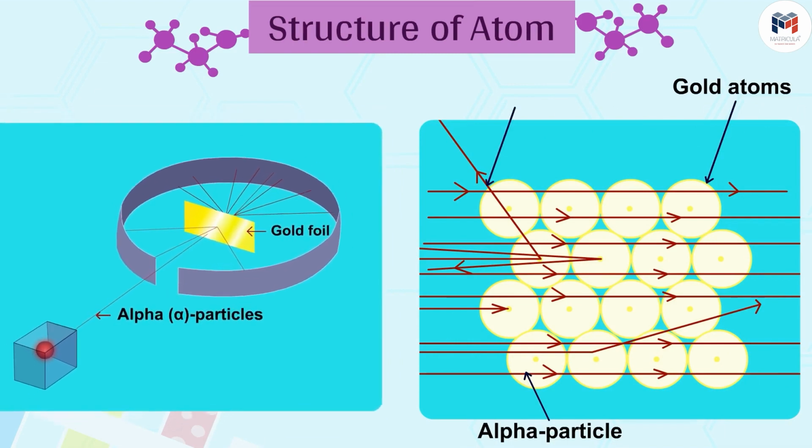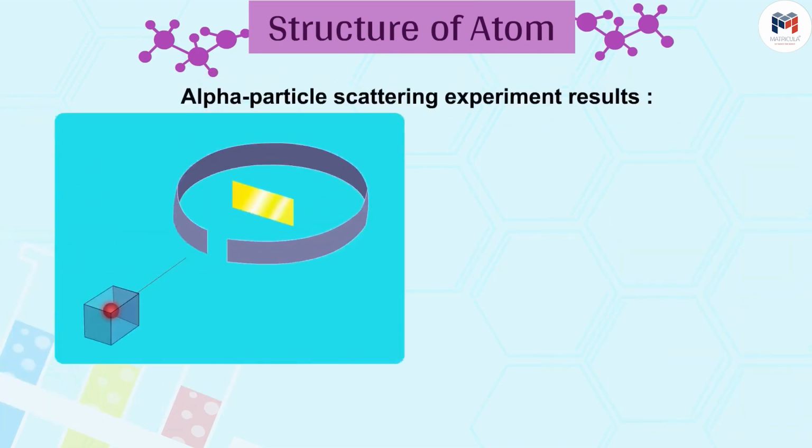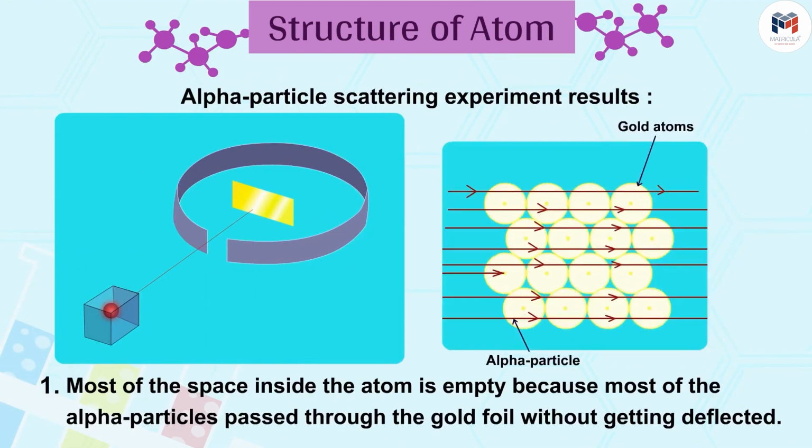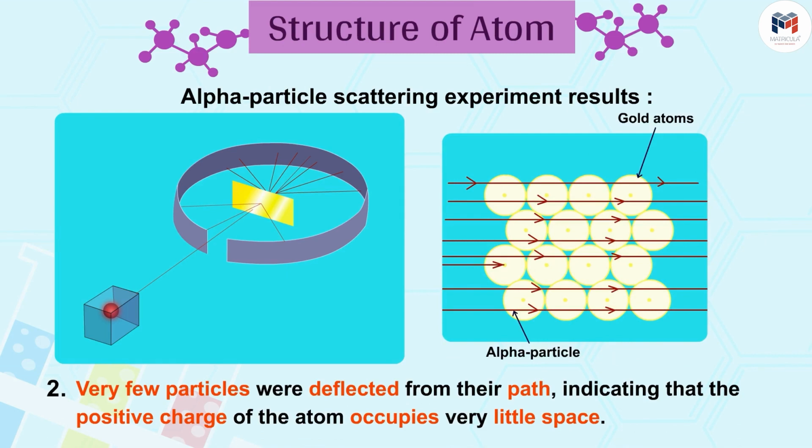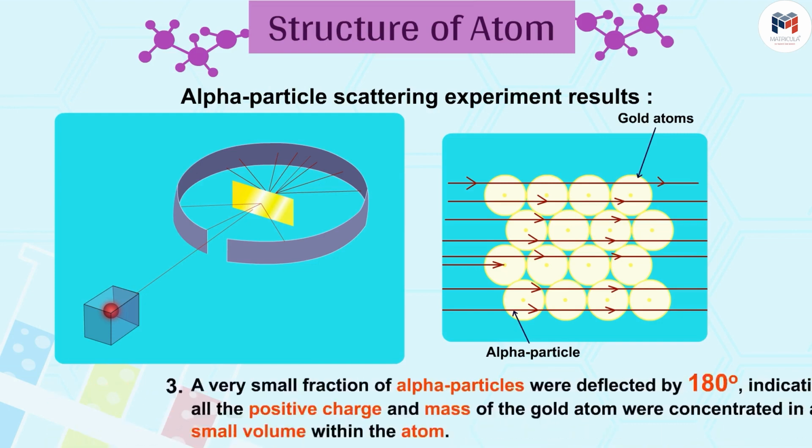Rutherford derived the following results based on an alpha particle scattering experiment. 1. Most of the space inside the atom is empty because most of the alpha particles passed through the gold foil without getting deflected. 2. Very few particles were deflected from their path, indicating that the positive charge of the atom occupies very little space. 3.